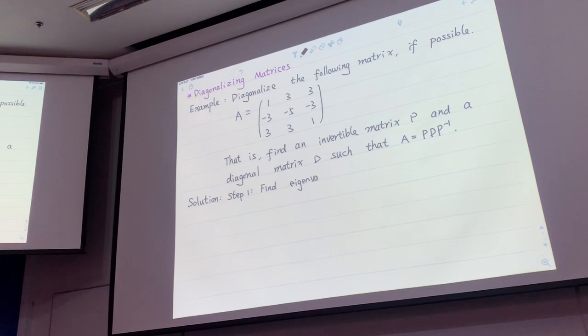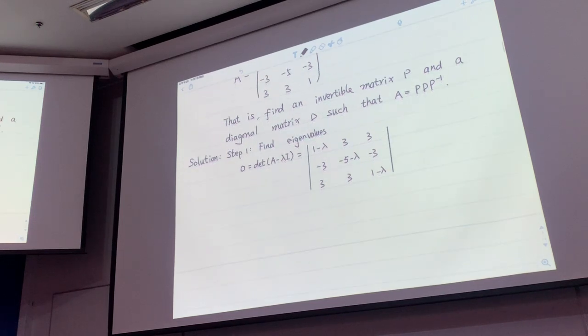Eigenvalues. We have this A minus lambda I. So then what's the next step?